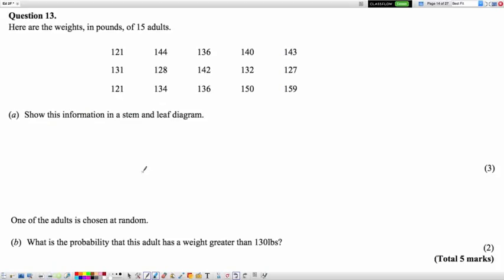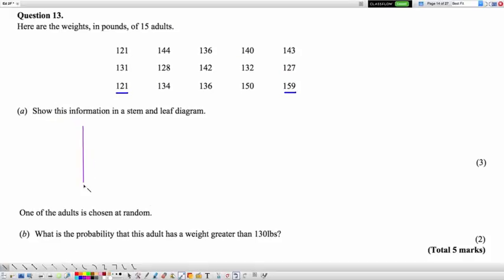Here are the weights in pounds of 15 adults. Show this information in a stem and leaf diagram. First off, let's have a look at the range of numbers we've been given. The smallest number is here, 121, and the largest number is here, 159. So the first part is to draw a line down and across.